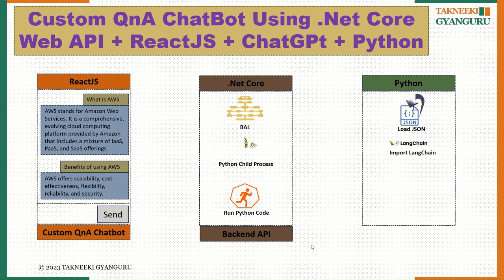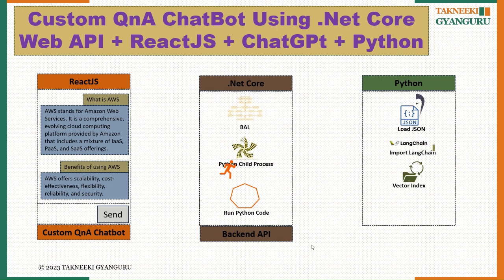This will be done through LangChain, we will not do it ourselves. LangChain will do it itself: it will load our JSON file, do the indexing, and then return a response based on our question and answer, right?